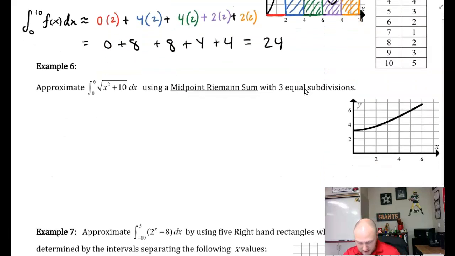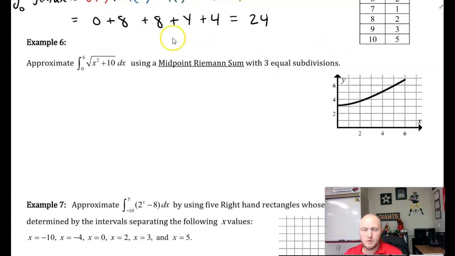Okay, next example. Here we're asked to approximate the integral from 0 to 6 of the square root of x squared plus 10 dx using a midpoint Riemann sum with 3 equal subdivisions.